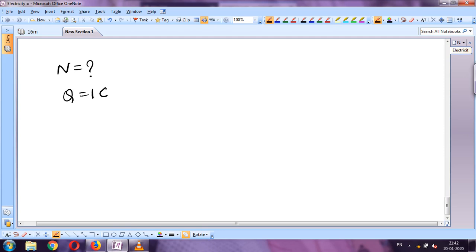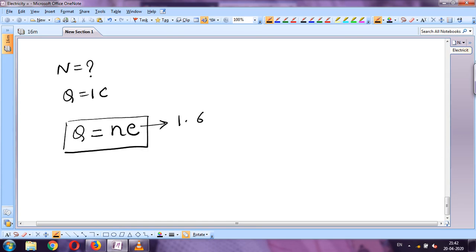Now, there is one more formula which you have to remember, and that formula is Q equals NE. What is this E here? This E is the magnitude of charge of one proton or electron, 1.6 into 10 to the power minus 19. This is its value. Now N we have to find out.